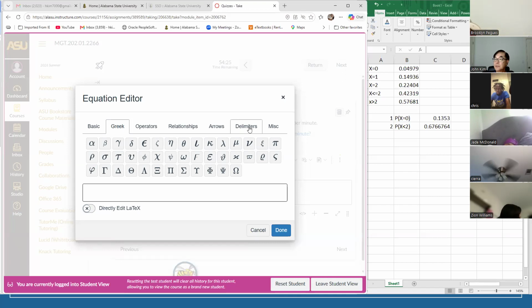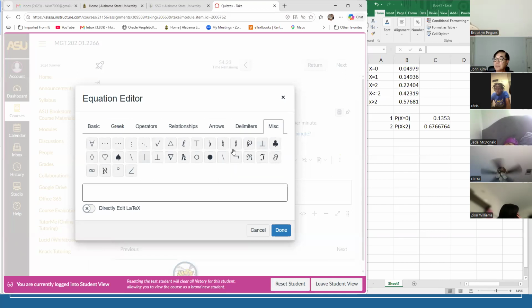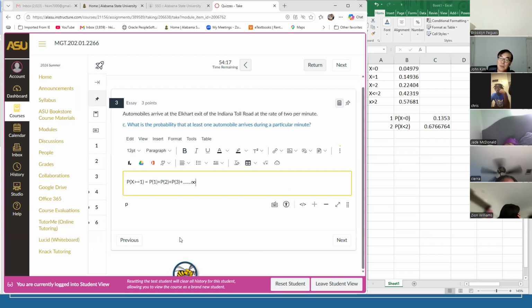Here. So, including 1 because of equal sign, all the way from 1 to infinite.